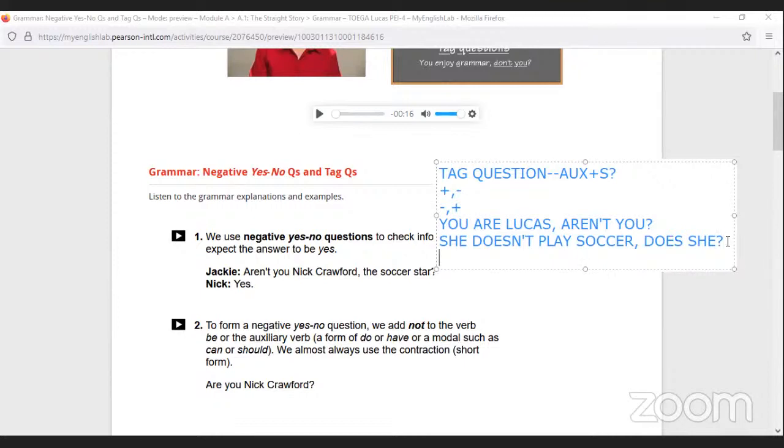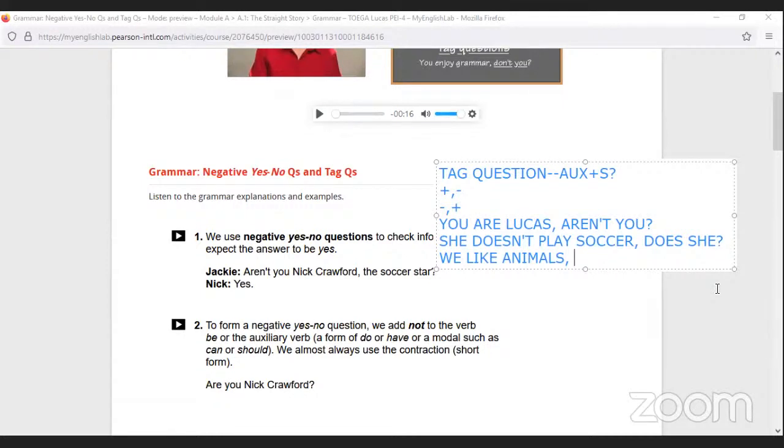But what happens if we don't have an auxiliary in the positive sentence? Like if I say, we like animals, for example. How is my tag question here? We like animals.